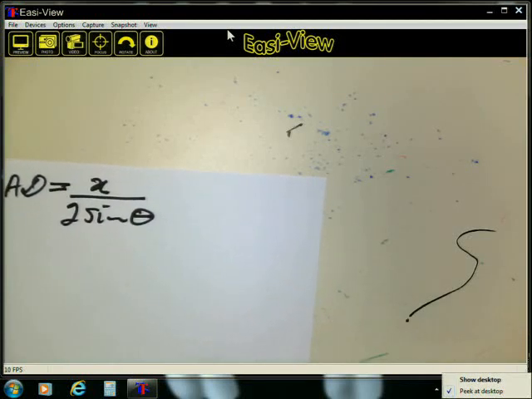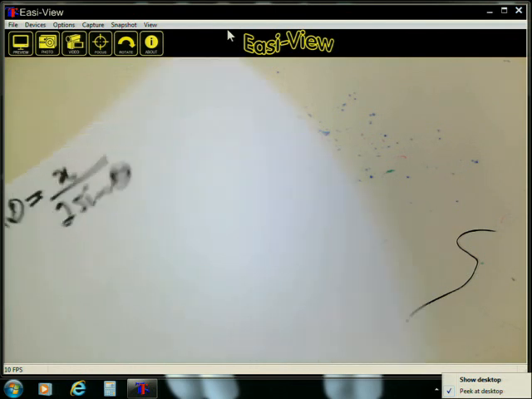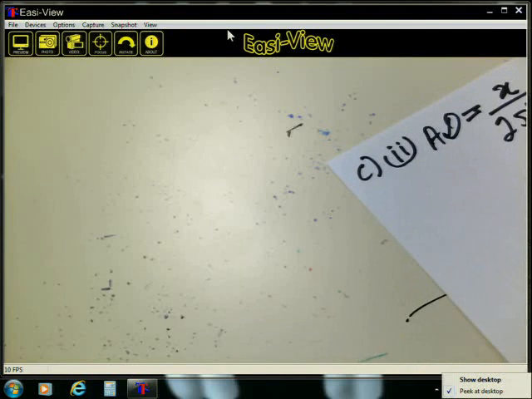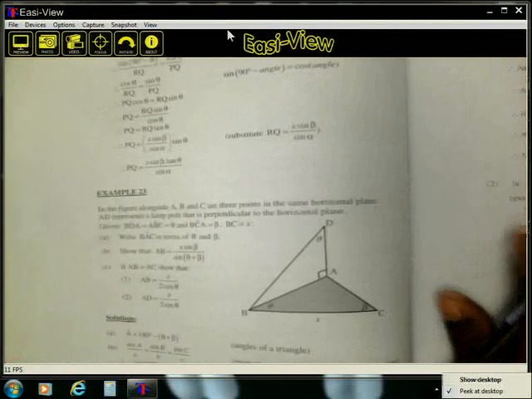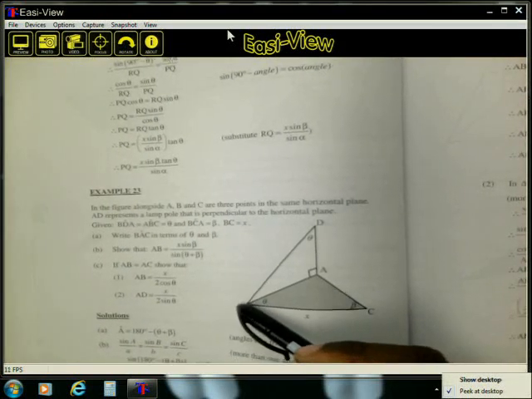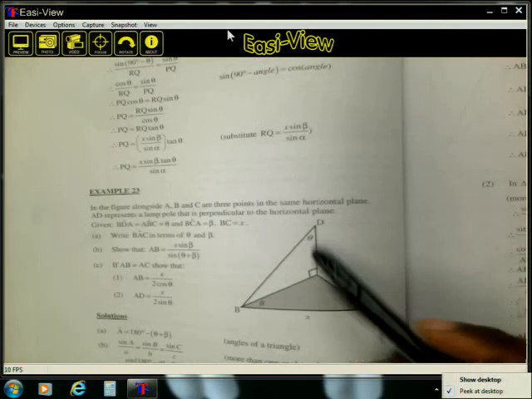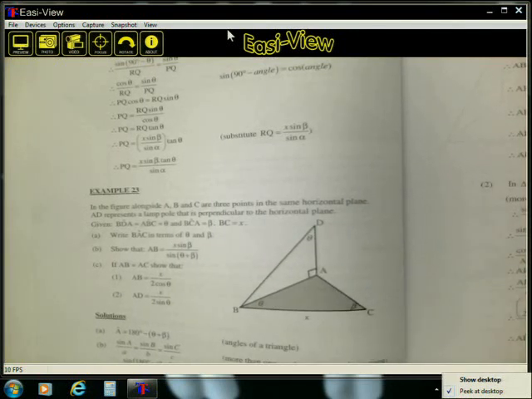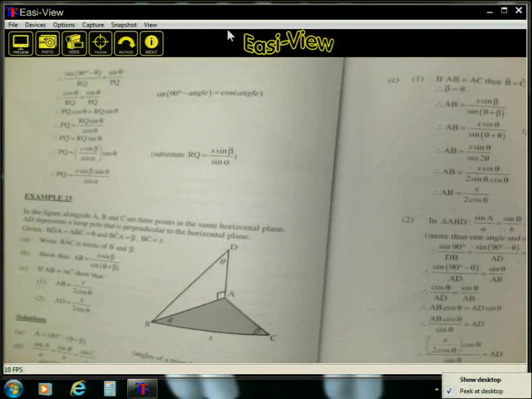We look to triangle ABD. Triangle ABD. It would help if you had quickly drawn this, or maybe I should quickly redraw it.